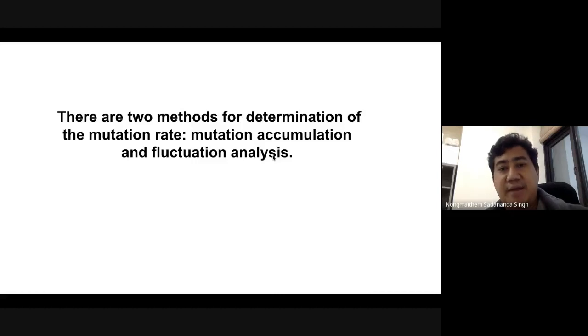So basically you have a single culture in mutation accumulation. In the case of fluctuation analysis, you are going to check the mutation which is happening randomly, how often, and what is the probability of getting this mutation.